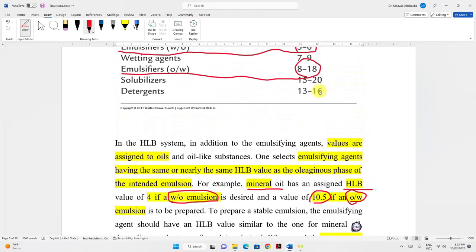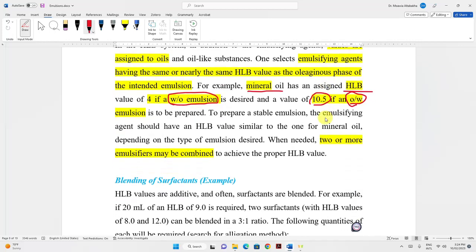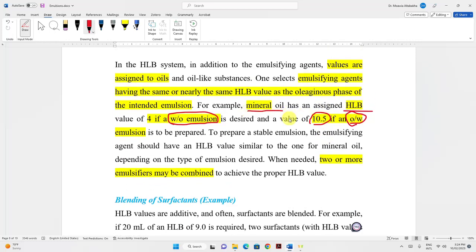And don't forget that you can produce a water in oil emulsion if the HLB value of the surfactant is from 3 to 6, and an oil in water emulsion if the surfactant has an HLB value from 8 to 18. For mineral oil, I'm being specific.